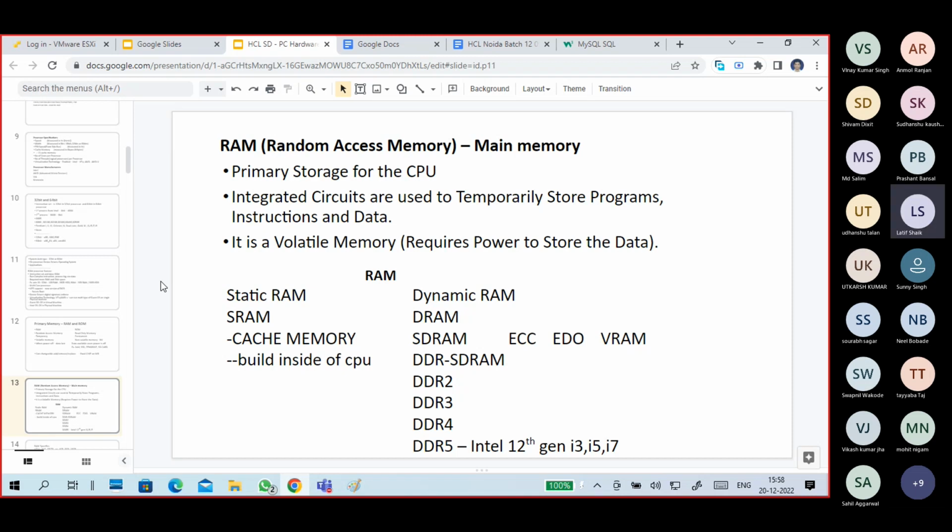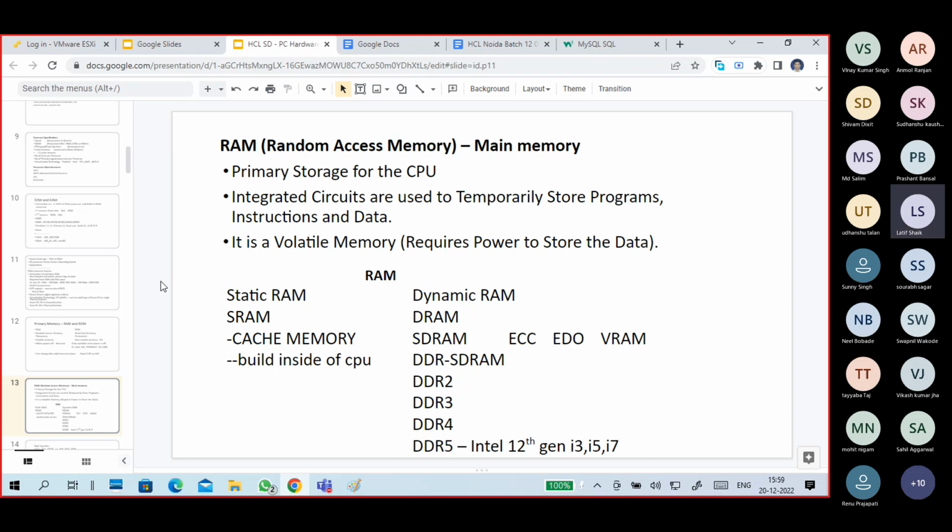We are not using SRAM as main memory, but it is much faster than DRAM, and we use static RAM as cache memory, which is built inside your CPU. L1, L2, and L3 cache memories are nothing but SRAM. I already showed the 12 MB cache memory, which is SRAM built inside our CPU only.